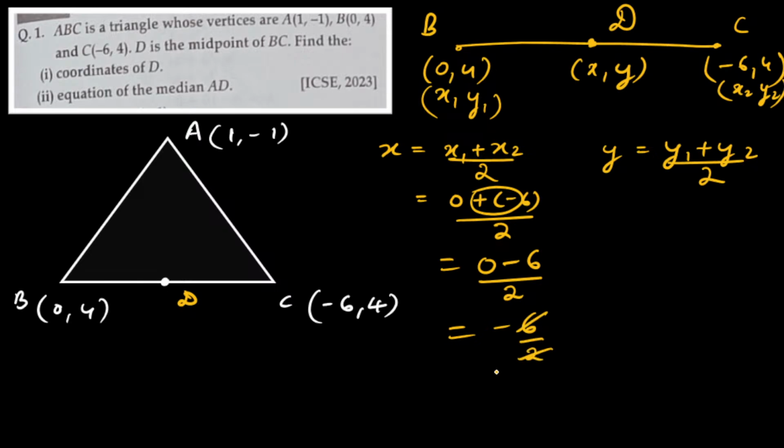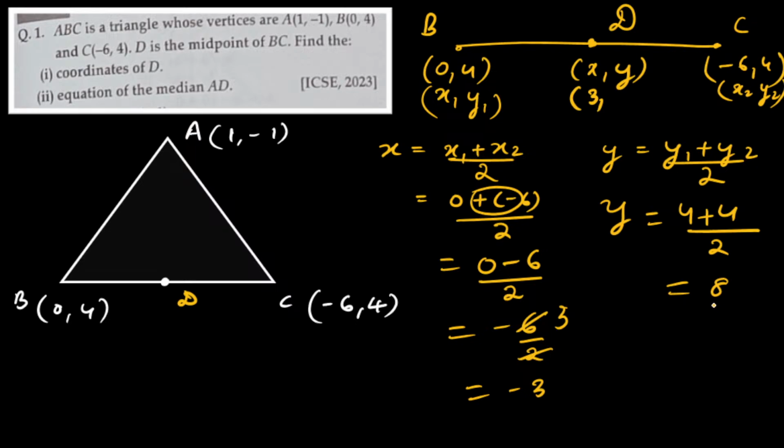Minus 6 by 2 is minus 3. So y is y1 plus y2 by 2. y1 is 4, y2 is also 4. So 4 plus 4 is 8, 8 by 2 is 4. We found the coordinates of point D as minus 3 comma 4.